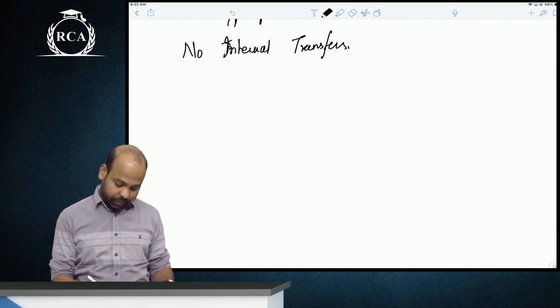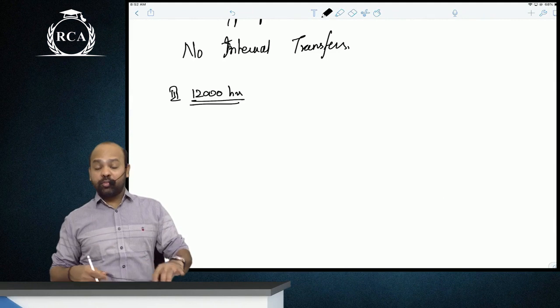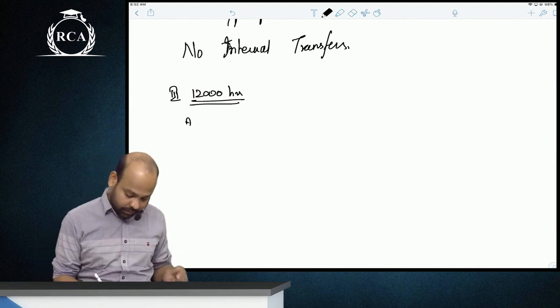Last bit, guys, here. What if the capacity is 12,000 hours? So, guys, there are two ways of presenting the answer here. I will present first, alternative one.